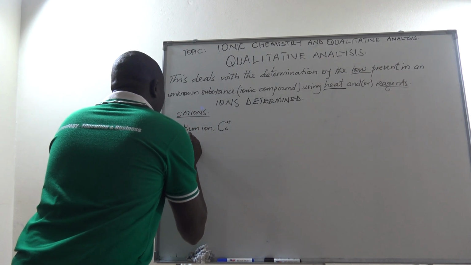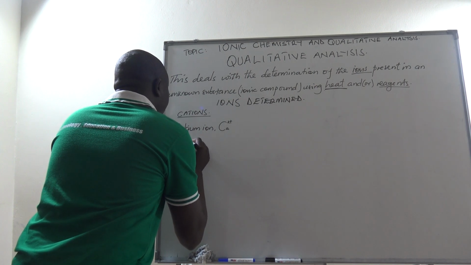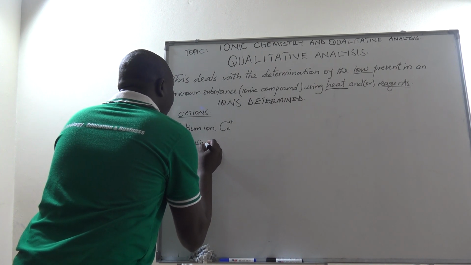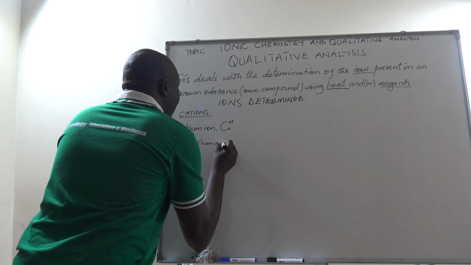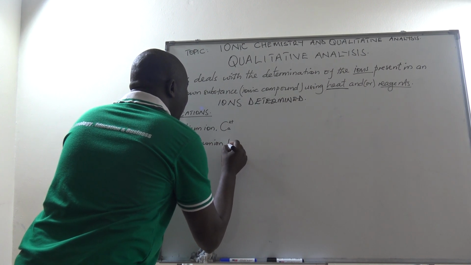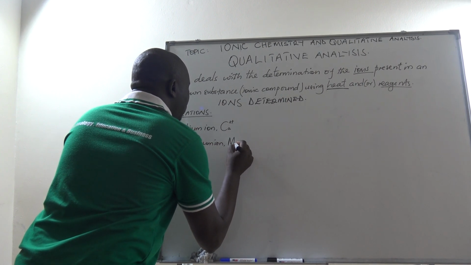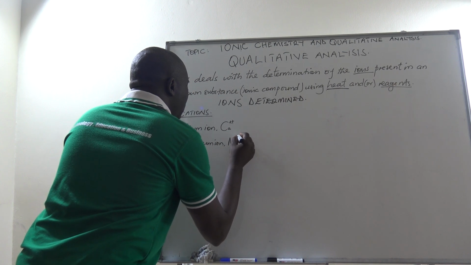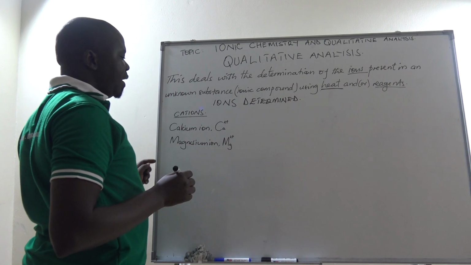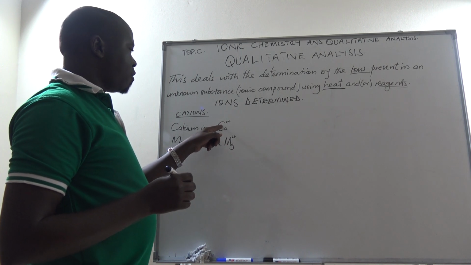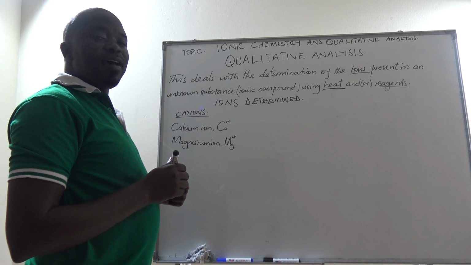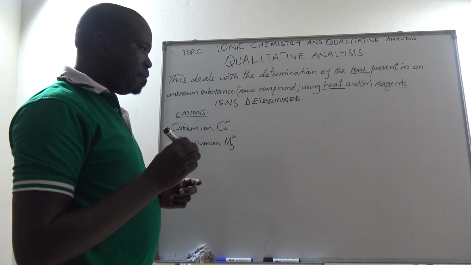We have got magnesium ion with the formula of capital M, small g, and 2 positive charges. Please mark you well. You need to write these ones here very well, because any slight mistake becomes a very big mistake.